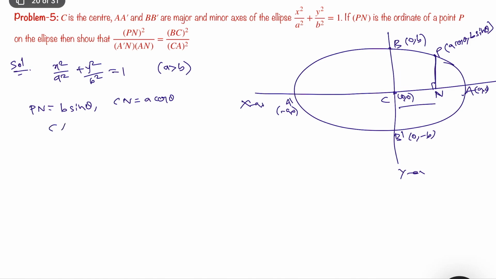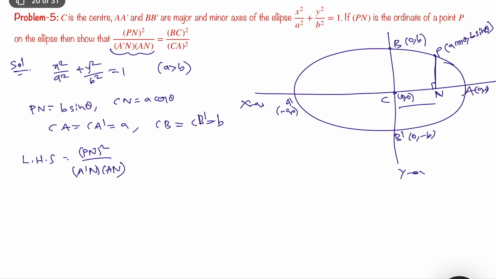And here CA equals CA dash equals A, and CB equals CB dash equals B. That's fine. Now let us start with LHS. Here the left hand side is PN square by A dash N times AN. What is PN?